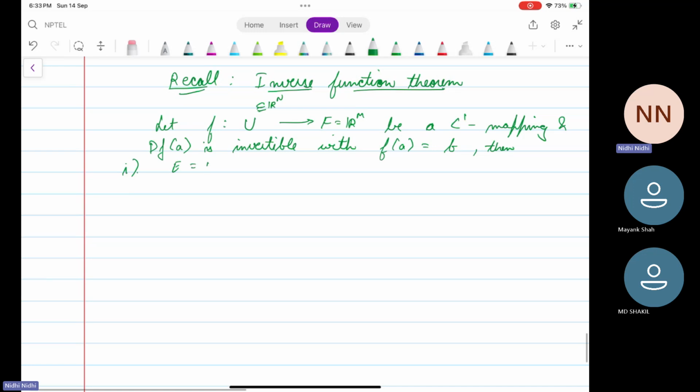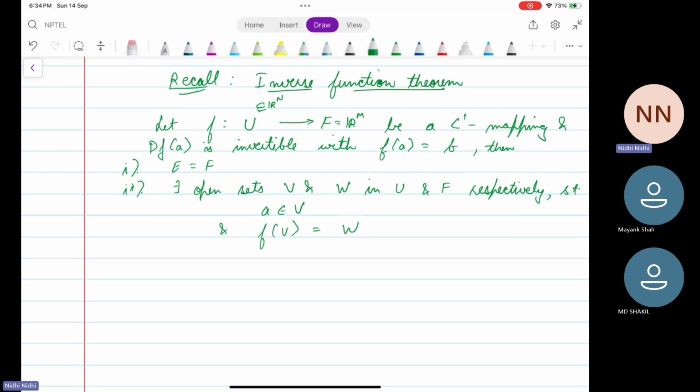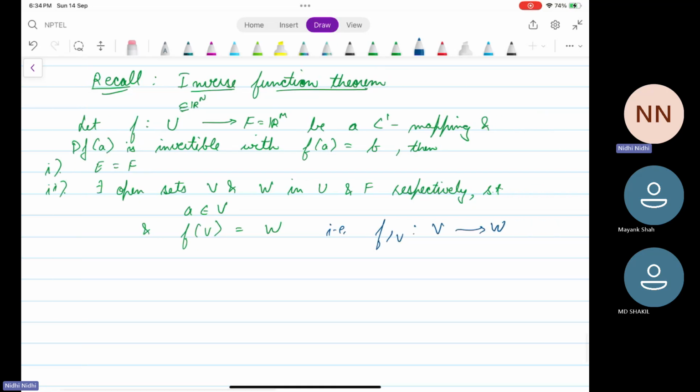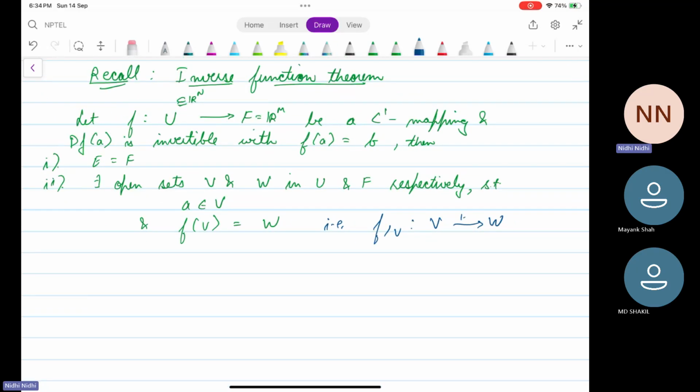Firstly, there exist open sets V and W in U and F respectively, such that a is an element in V and f(V) is mapped to W. That means this function f restricted to V, from V to W, is a bijection, one-one and onto.